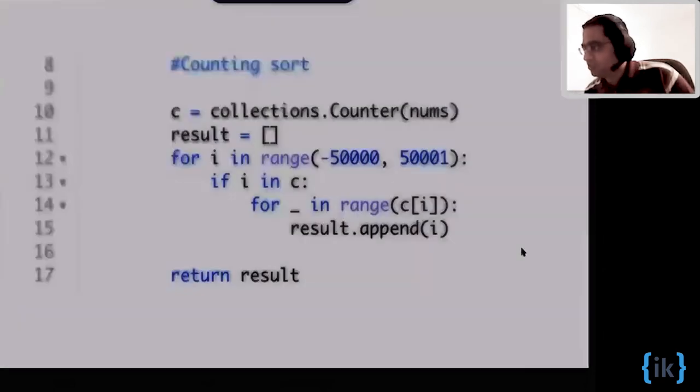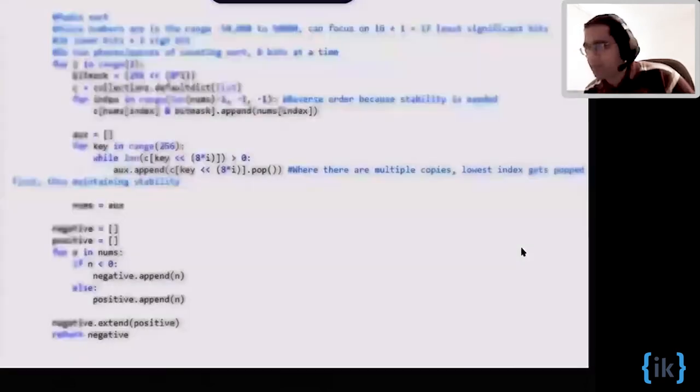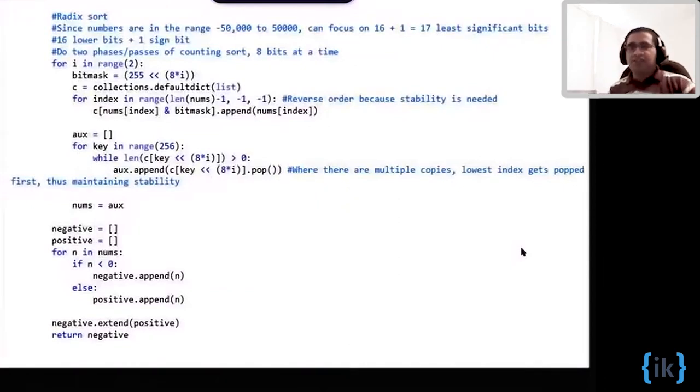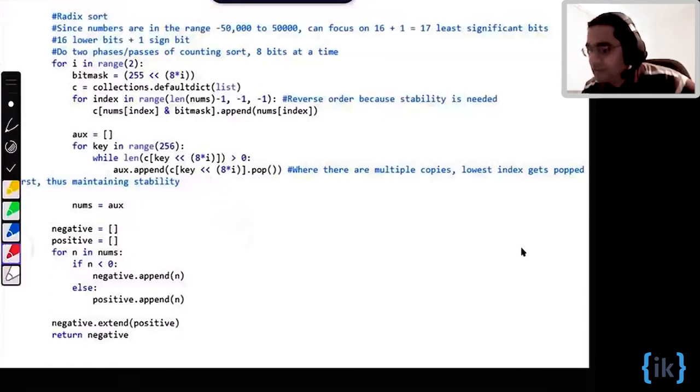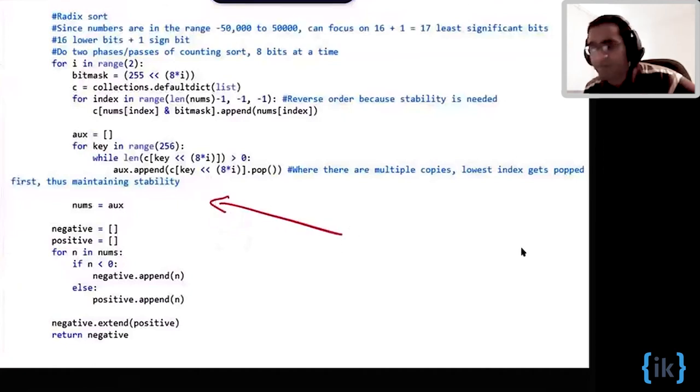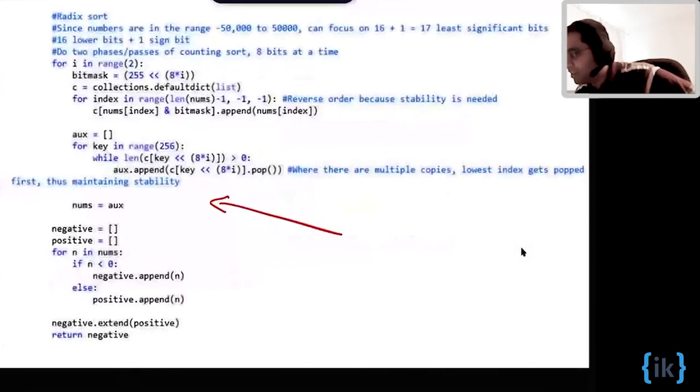Okay, so this is one version of counting sort. There are a couple of ways of doing counting sort. So just look at this sample code later on if you are not able to implement these algorithms on your own. But if you feel uncomfortable with this code for Radix sort, just drop it, because it's not common to be asked to code Radix sort.